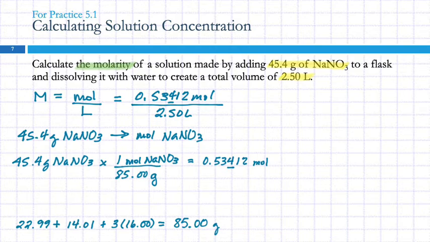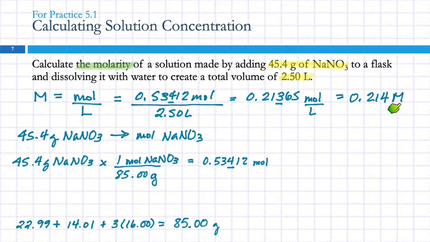So we divide by 2.5. 0.21365 moles per liter. So rounding to 3 sig figs, we get 0.214. And you can use the capital M. I try to make my capital M's pointy so they don't look like an overgrown meter. Or you can use moles per liter. Any questions?